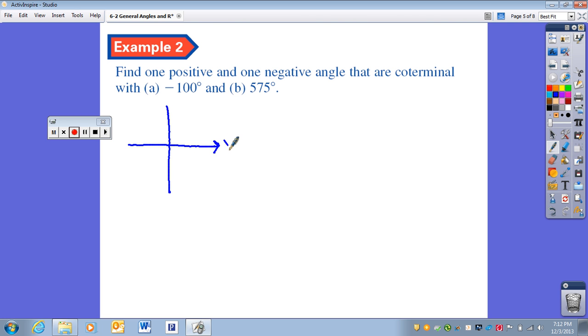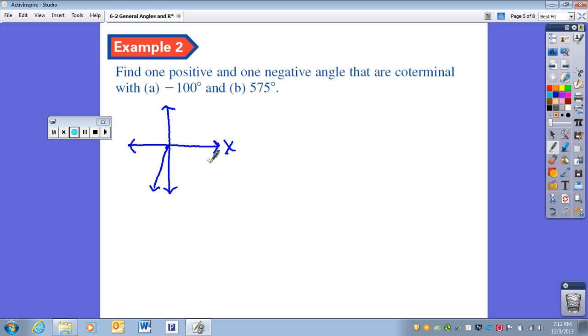Remembering that coterminal means that we want to have these two angles begin at our same initial position and then share a terminal side. So if we have negative 100 degrees, negative means that we are going to go clockwise 100 degrees. So this would be then about, and that would be sharing our terminal side.